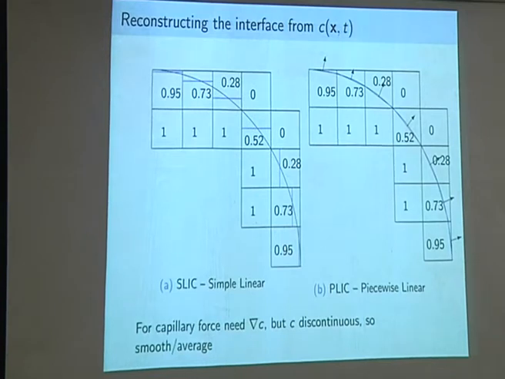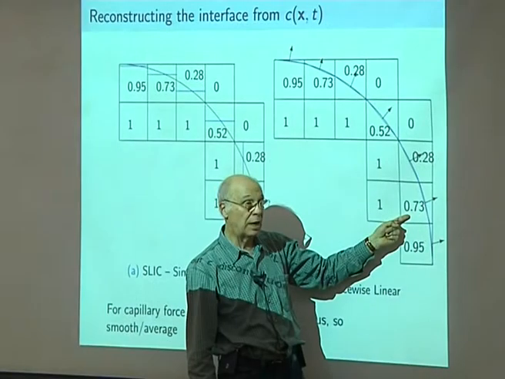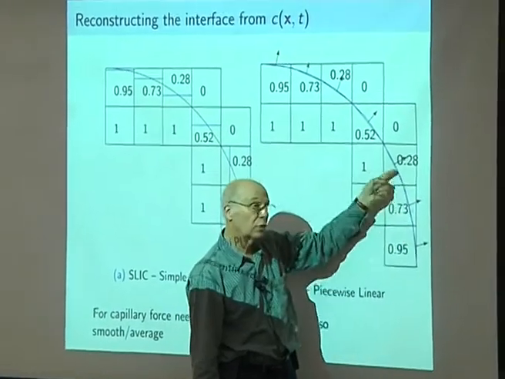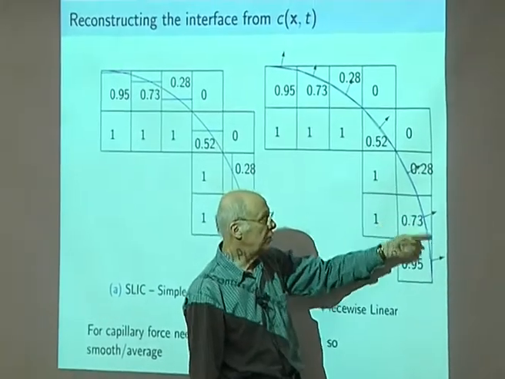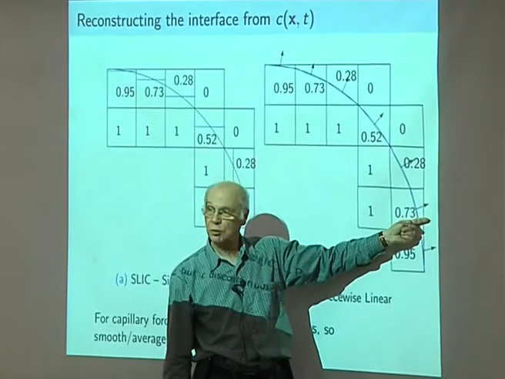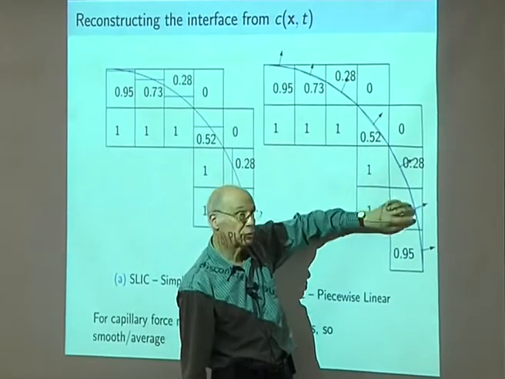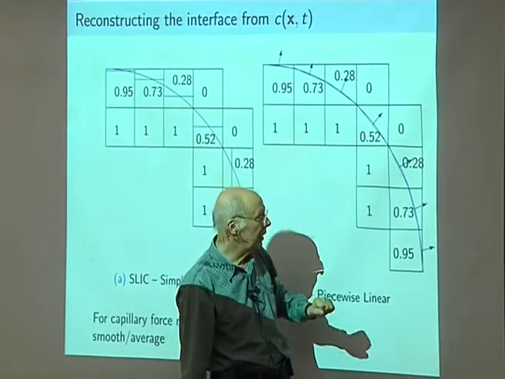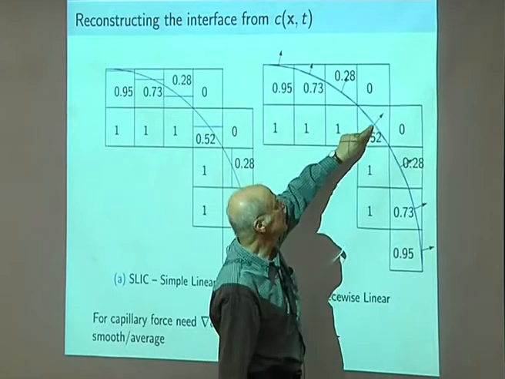So I know the direction of the gradient of C. I know I want 73% of this triangle to be C equals 1. And so I put a line across which is perpendicular to the gradient of C and has the right amount on one side. And I can see there's a little gap here.